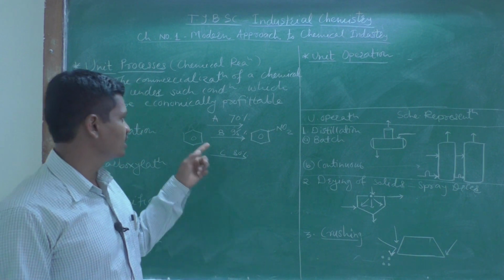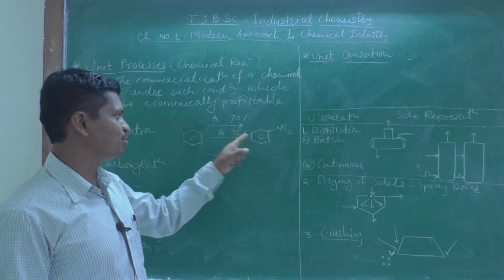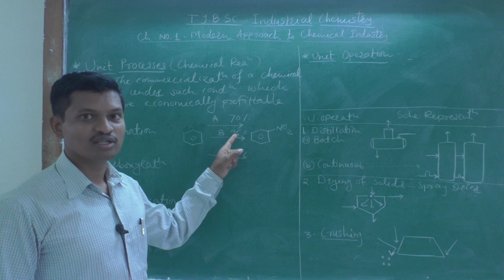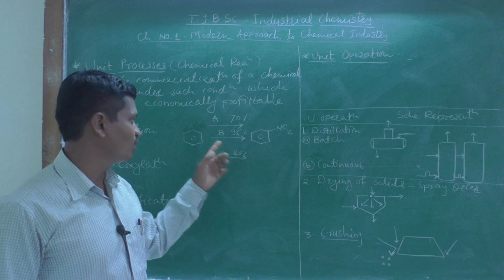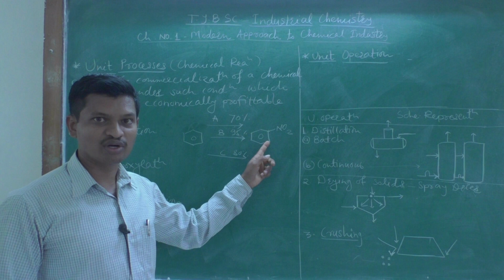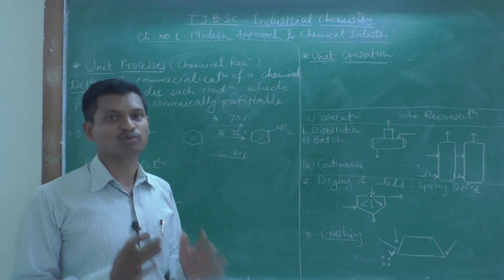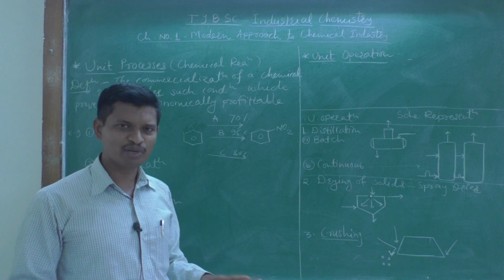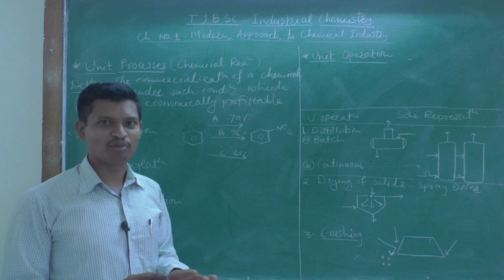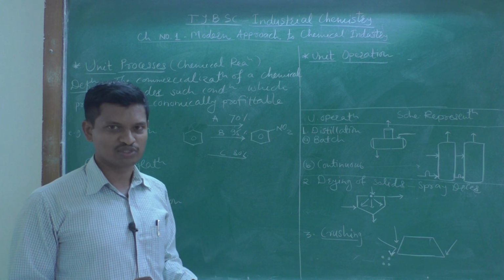And no doubt in this example, method B, which gives us 95% conversion of the starting material into the desired product, will be the unit process. So this is a very simple concept of what is meant by unit process.